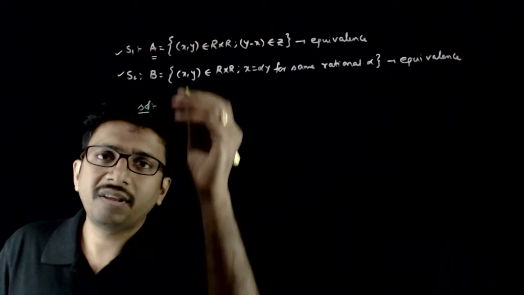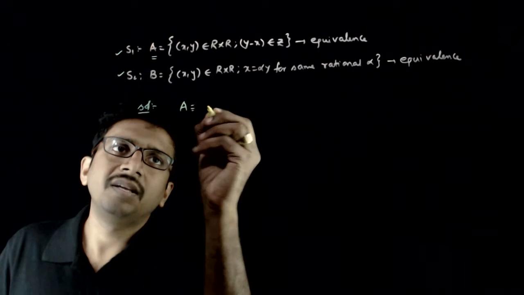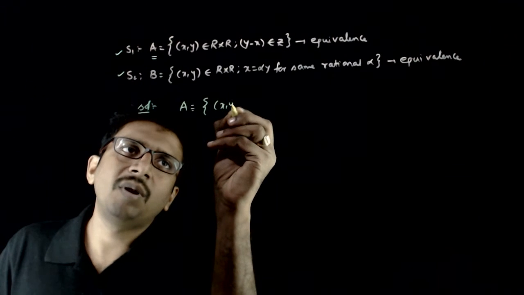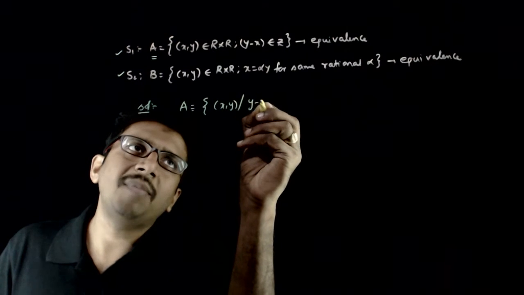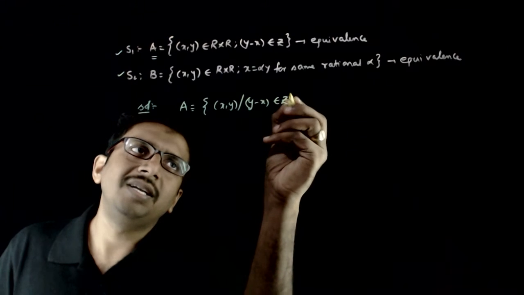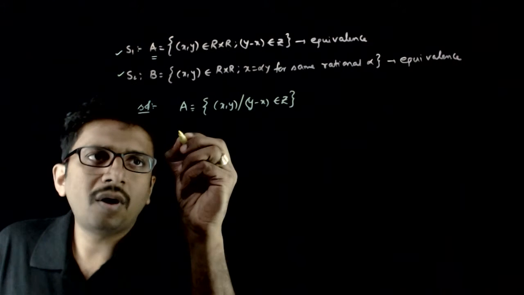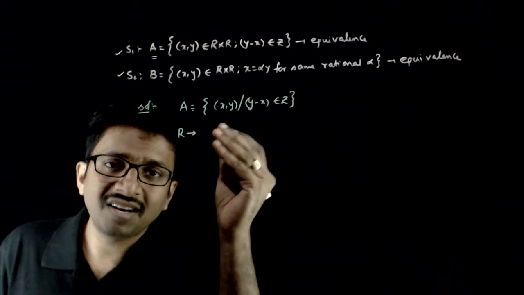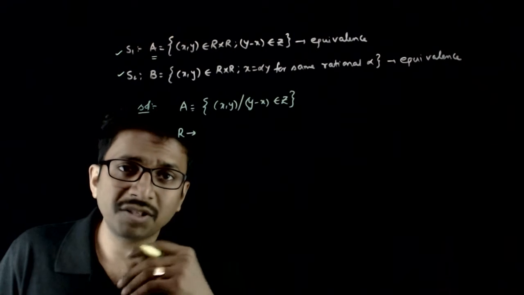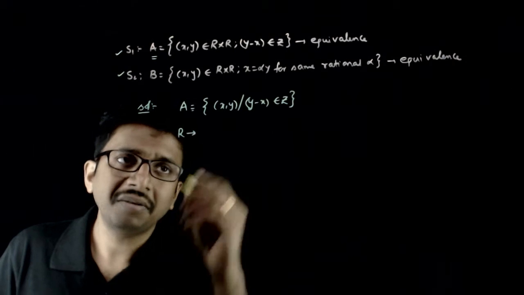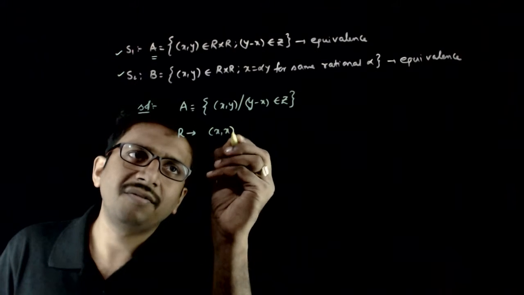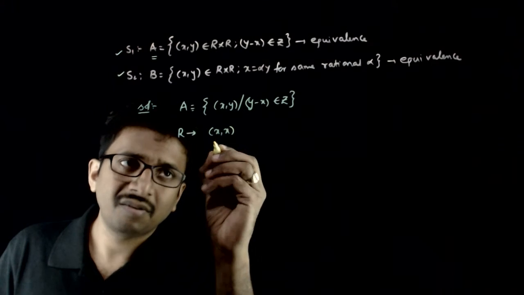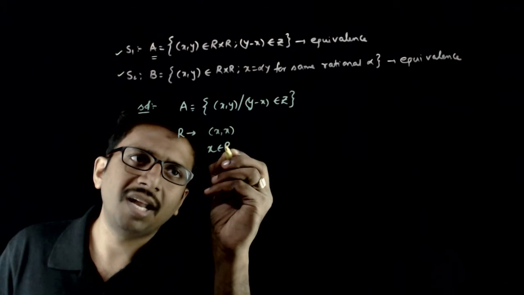If you go for the first relation, A is the set containing (x, y) such that y minus x belongs to the integers. To check reflexivity, you have to check whether the relation is always true for (x, x), where x belongs to the real numbers.